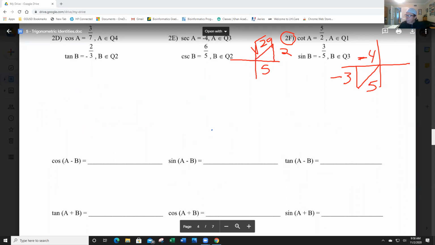All right, last one is sine of a plus b. The sine of a plus b is going to be sine a cosine b plus cosine a sine b.